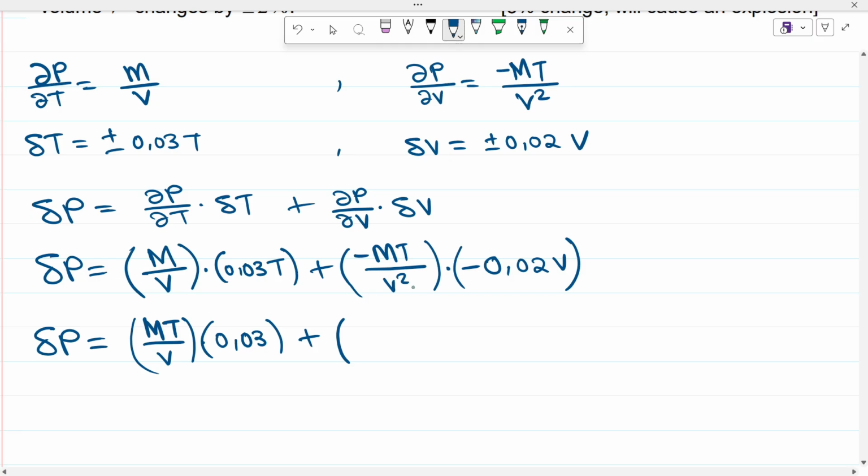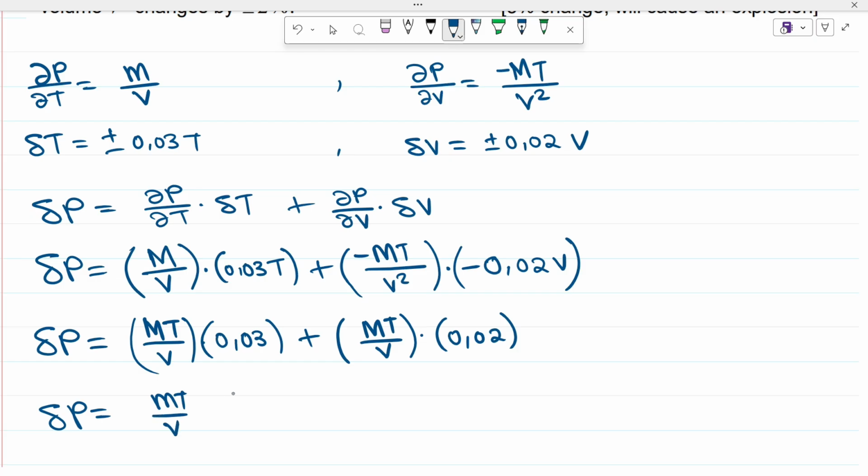When we multiply this v by that, one v will chop one v there, and we'll just be left with mt over v multiplied by 0.02. And then we can now take mt over v as our common factor. We'll be left with just 0.03 plus 0.02.